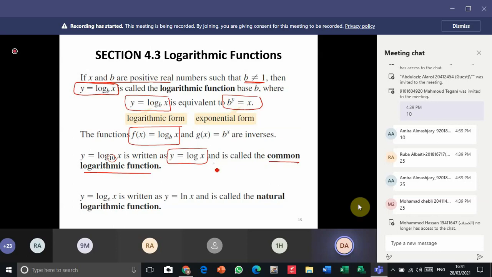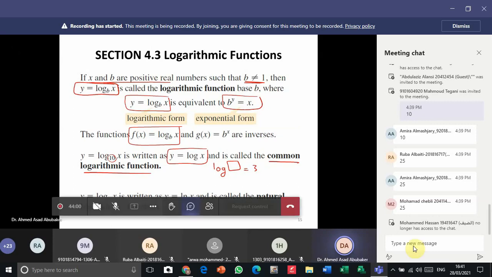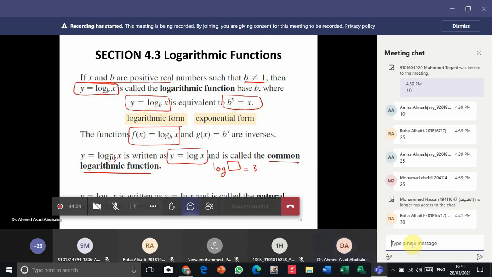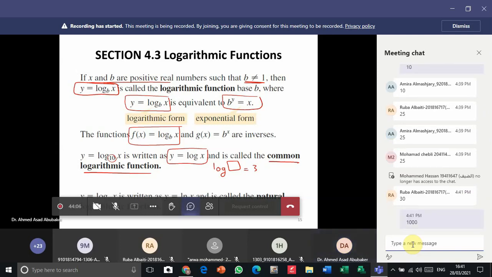For example, if we have log of a box equals, for example, 3, what's the value in the box? Not multiply, Ruba, not multiply. This is power, so we have 10.